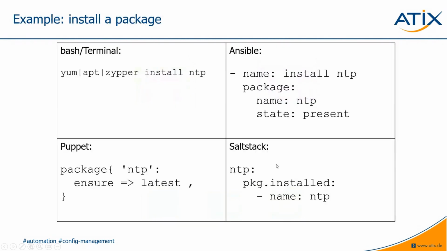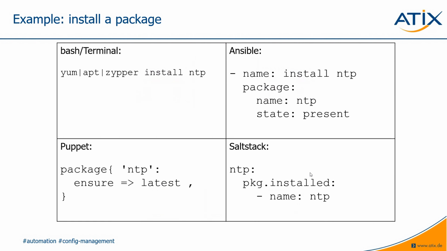So if we now look at an example of a very simple thing, how to install a new package. If I do it the manual way, I use the package manager of my operating system like yum, apt, zypper to install, in this case, NTP.